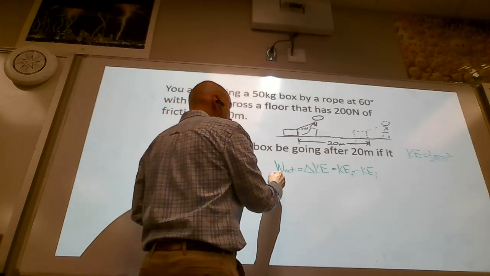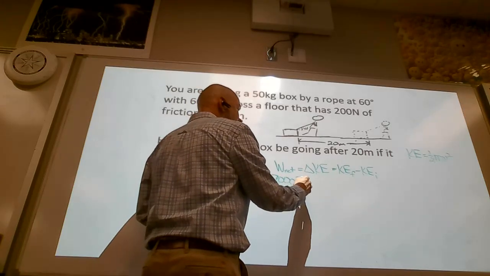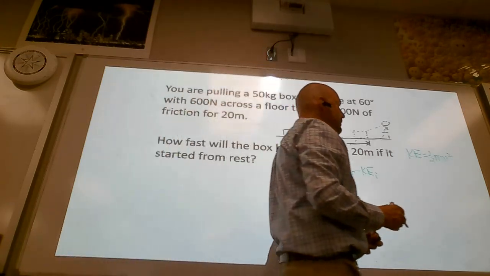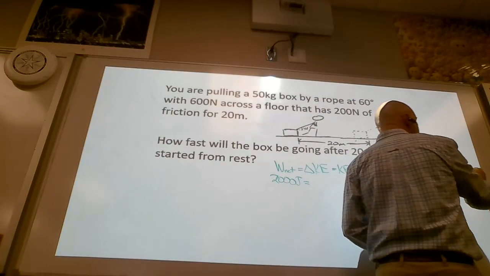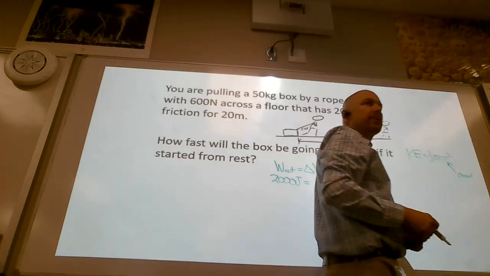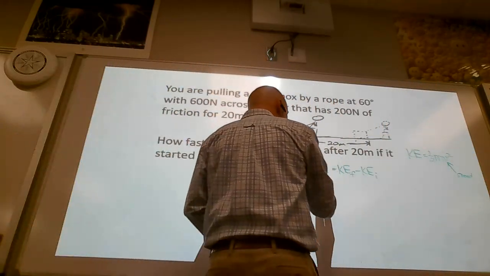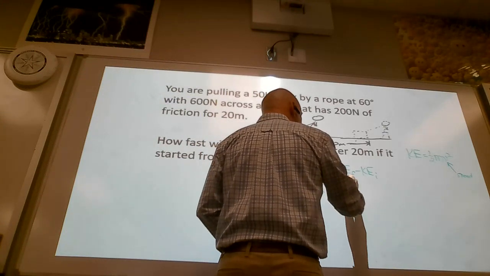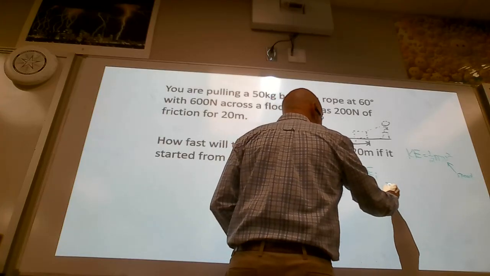So this was 2,000 joules. We already found that out. So this is 1/2 mass times speed squared. This cursive v is speed rather than velocity, so we don't have direction. So this is going to be equal to 1/2 mass times final speed squared minus 1/2 mass times initial speed squared.